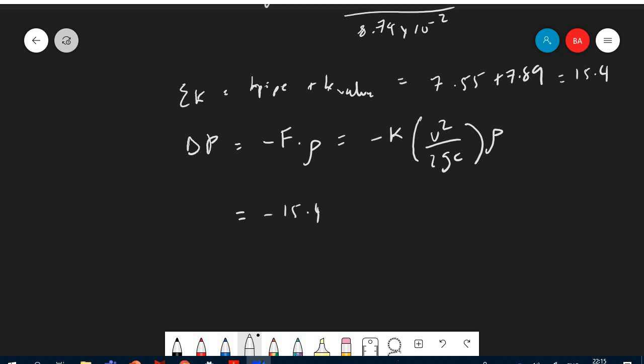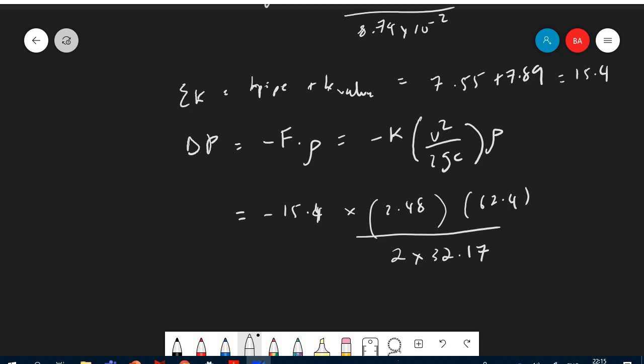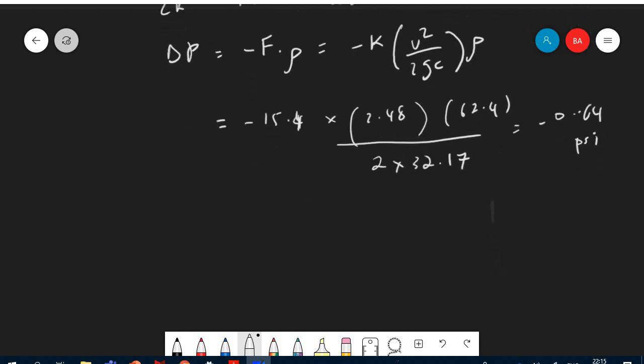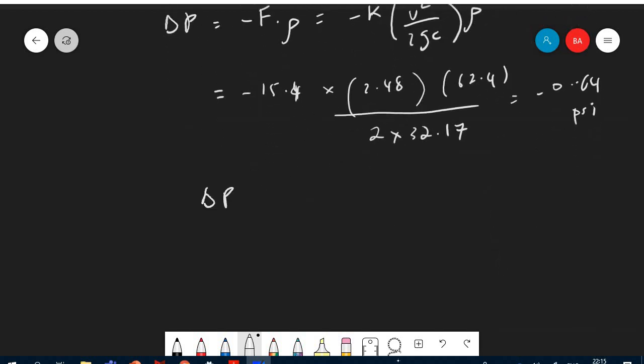Substituting minus 15.4 into 2.4, that's the U, into the density, which is 62.4, over 2GC, which is 2 into 32.17, and doing the whole calculation, you're going to find 0.64 psi. So the delta P is still small, even with a globe valve, it's minus 0.64 psi.